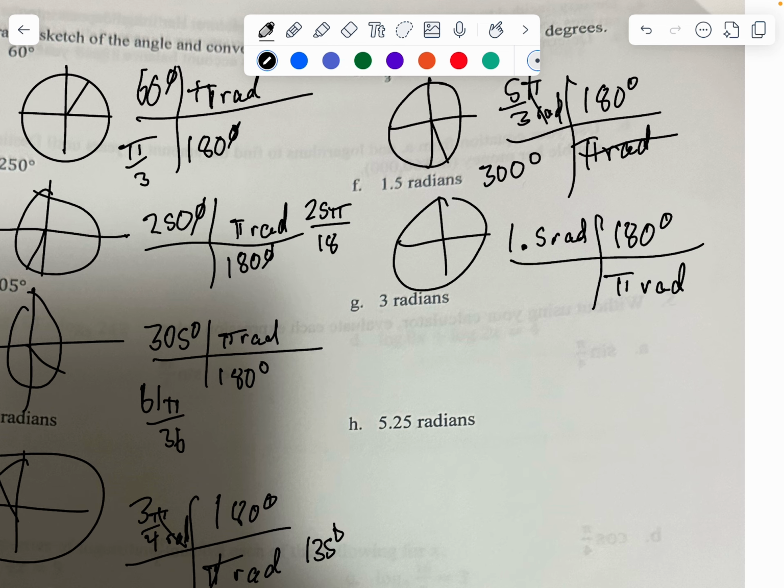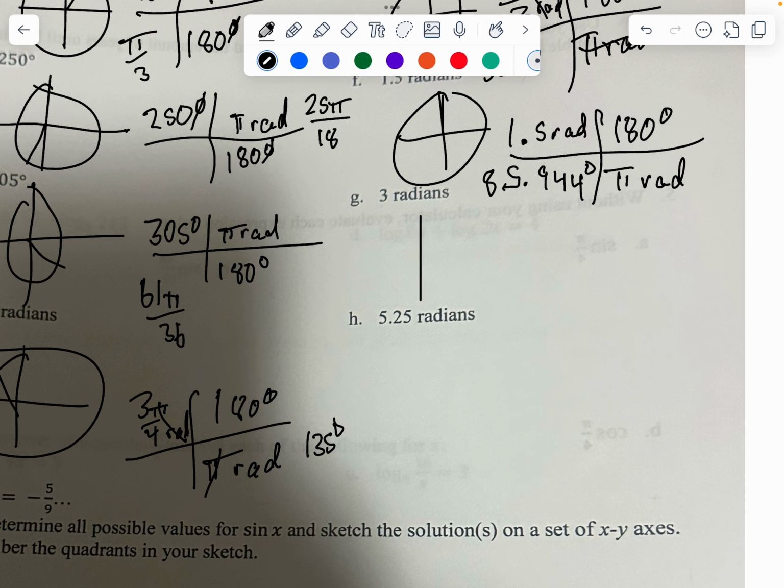Put that in your calculator: 1.5 divided by pi times 180. 85.944 degrees. So that's approximately right somewhere in there.